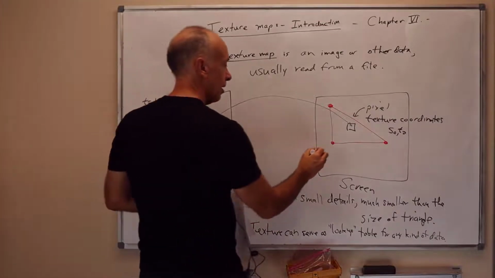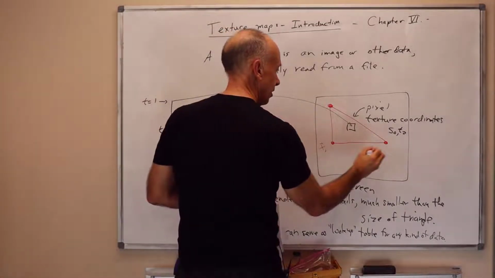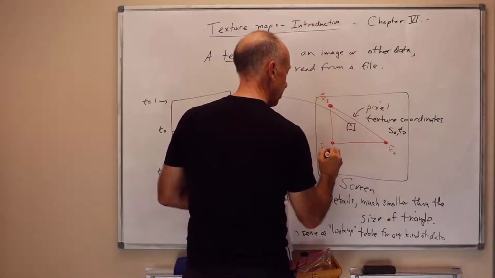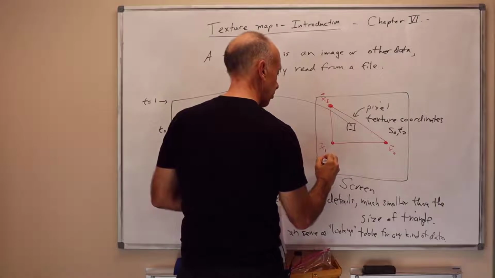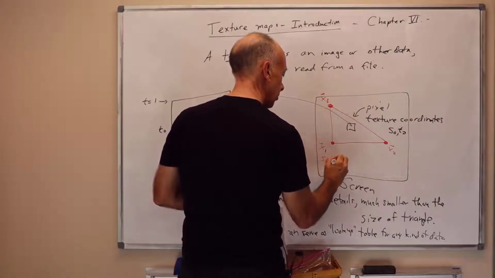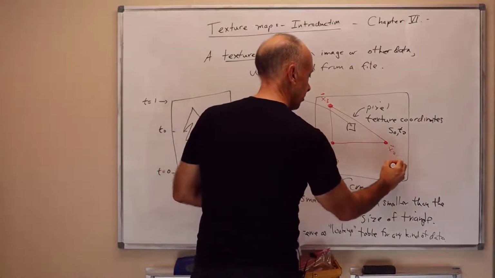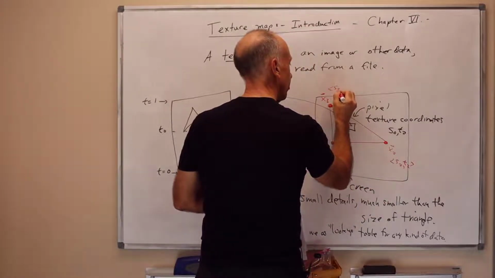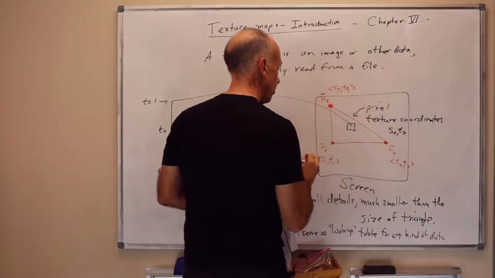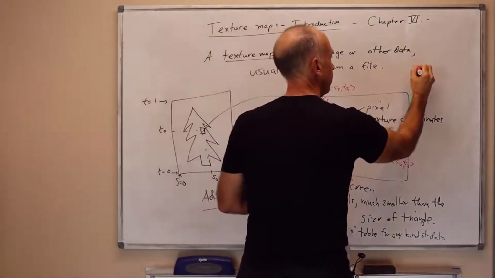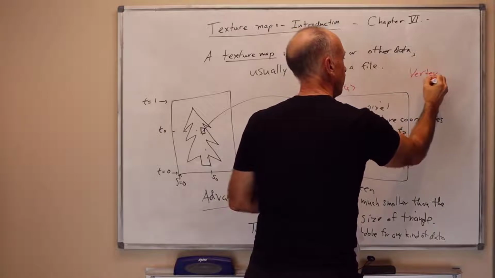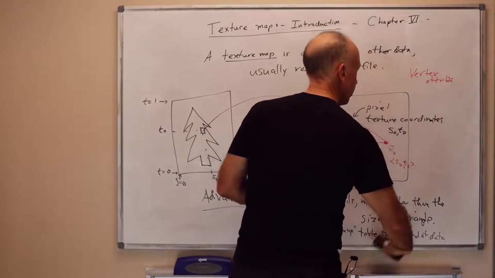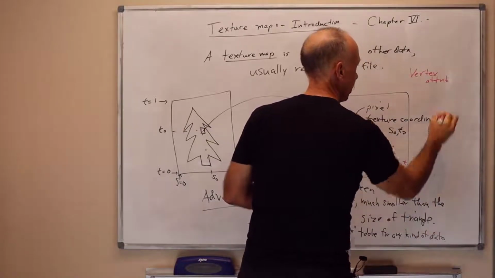And then here we've got 3 corners, x1, x2, x3. And these 3 corners have as vertex attributes texture coordinates, S1, T1, S2, T2, and S3, T3. These are vertex attributes. They might be specified in the VBO along with, say, the vertex position or the vertex normal.